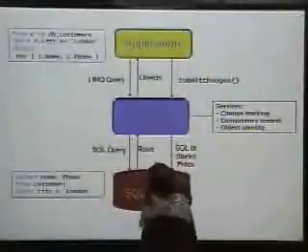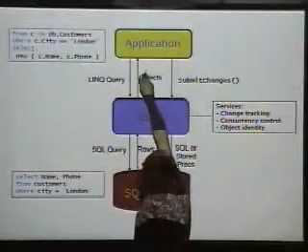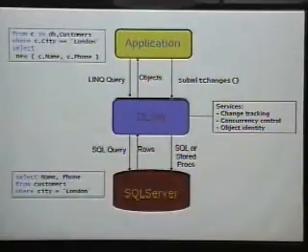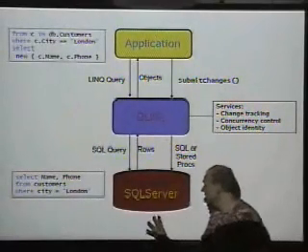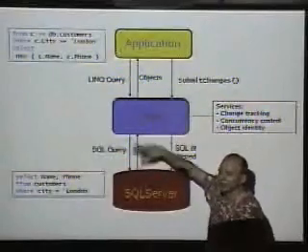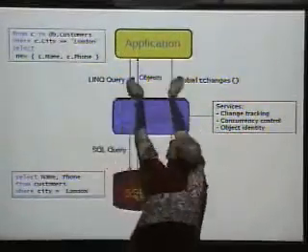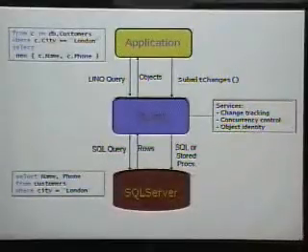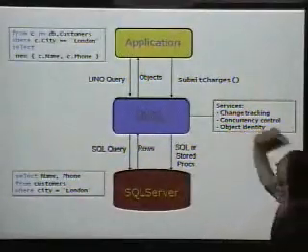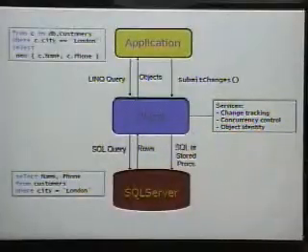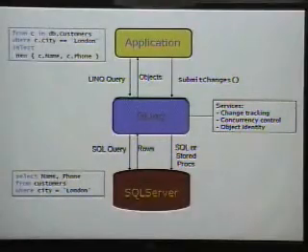Because I get all my objects here, I mess around with that, then I want to submit changes, so I have to track changes. You have to maintain object identity. What happens if I do 2 queries and I get back things that have the same primary keys here? I don't want to create 2 different objects. So basically all the standard OR mapping stuff is in here. I think if you look at all these things, they are mostly the same.